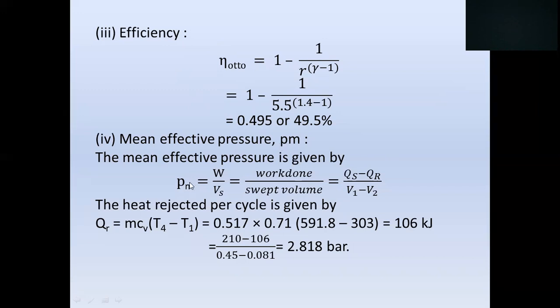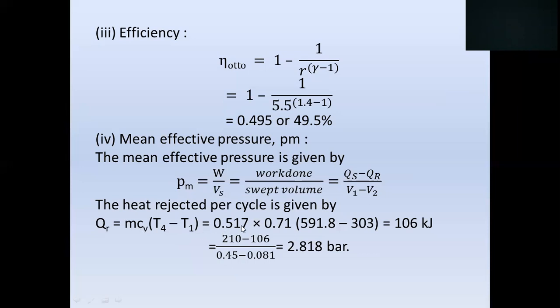Fourth solution, mean effective pressure. So mean effective pressure is given by PM is equal to work done divided by swept volume. So work done is QS minus QR. The QS value is given in the problem as 210 kilojoule. Swept volume is V1 minus V2, which is equal to VS. Heat rejected per cycle: to find the value of QR is equal to M CV into T4 minus T1.